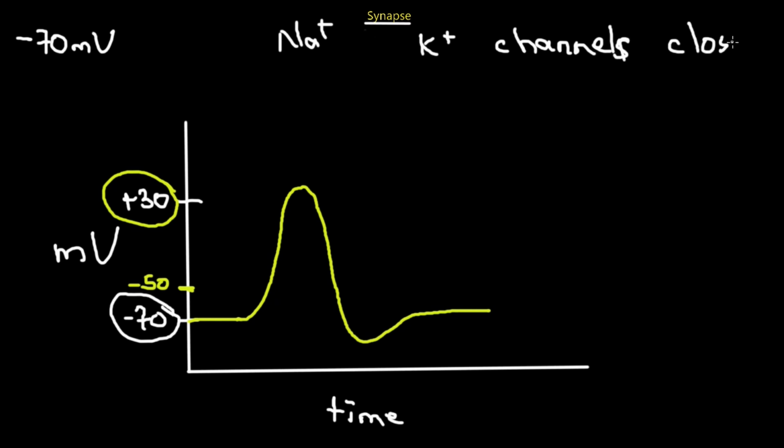They're closed when the membrane potential is -70. They're not going to allow the sodium and potassium ions to leak quickly from one side to another. The potential is going to be maintained by the sodium potassium pump, and these channels are going to be completely closed. So what happens during an action potential?